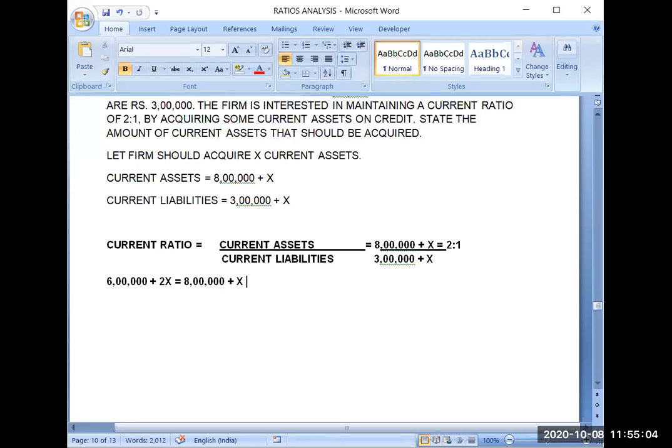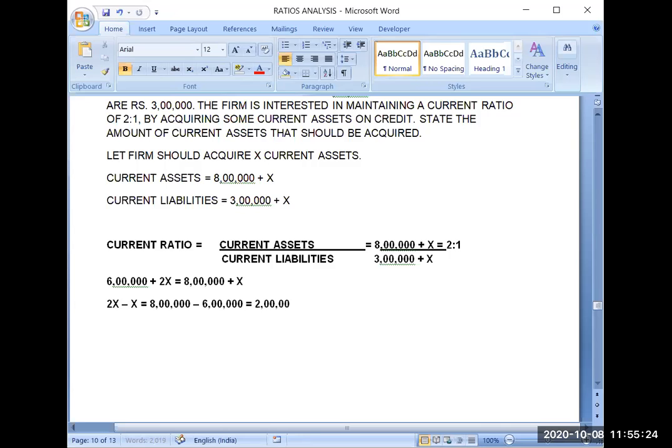And now if we solve it, it will be 2X minus X is equal to 8 lakh minus 6 lakh, and it will become 2 lakh. X equal to 2 lakh.